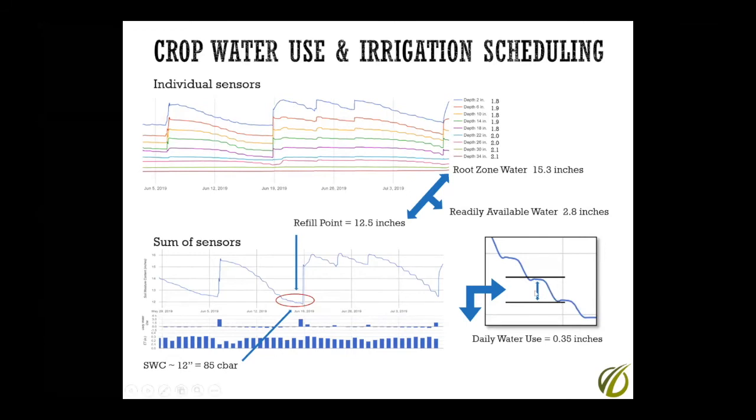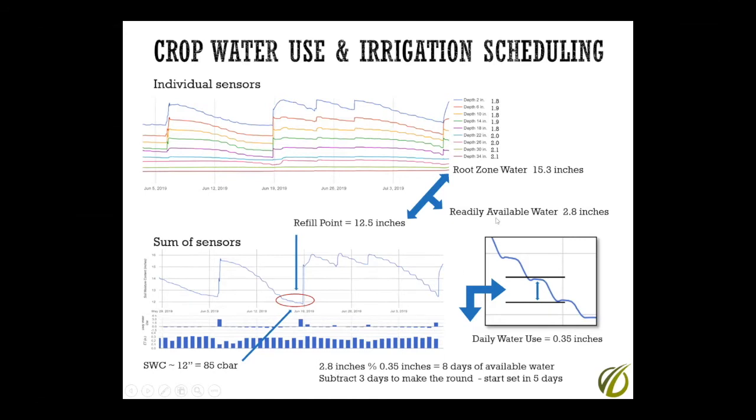And so I can go back and look at my daily water use. I'm just using this graph because it's easier to see than a bunch of numbers on the table, but this calculation is done on actual values that this line represents. My average daily water use for this time period is basically 0.35 inches of water per day. So if I break that down to a very simple equation, 2.8 inches of readily available water divided by 0.35 inches per day of water use, I have 8 days of available water.